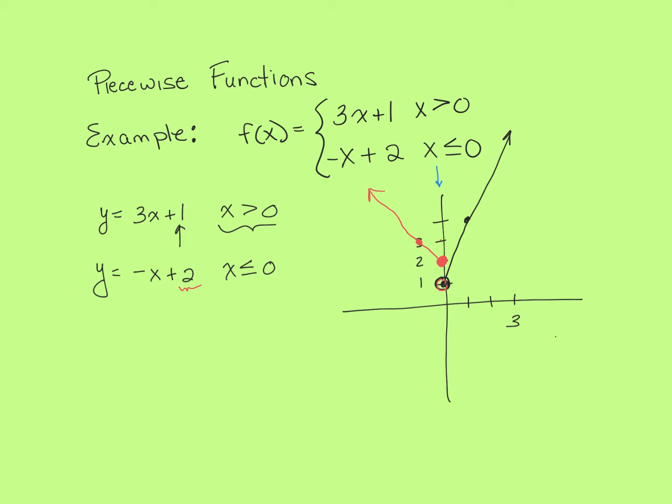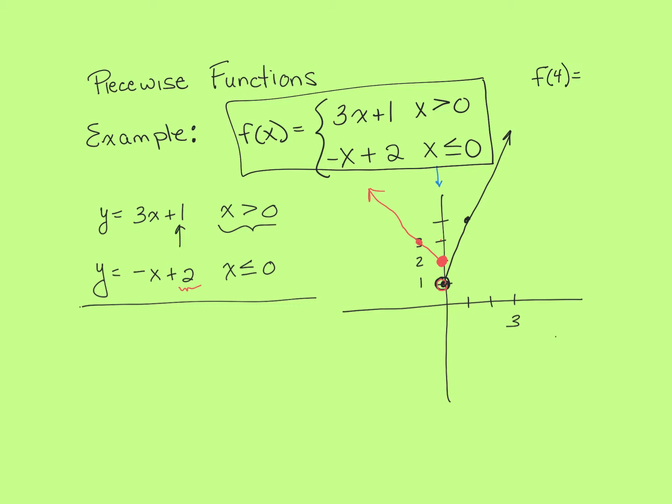Now if I wanted to find a function value, for example, I have this piecewise defined function and I wanted to find the function value at 4, what I need to do is ask myself, is 4 greater than 0, or is it less than or equal to 0?